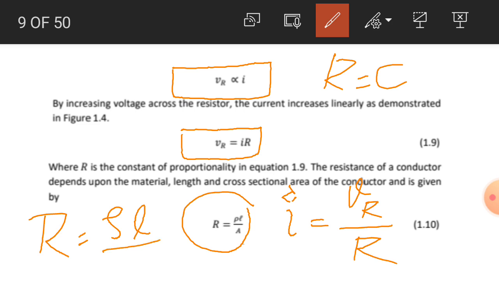And the resistance is inversely proportional to the cross-sectional area of the conductor. By increasing the cross-sectional area of the conductor, its resistance decreases.